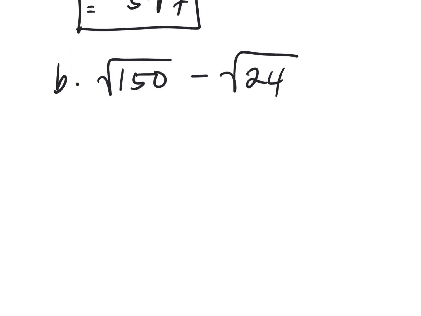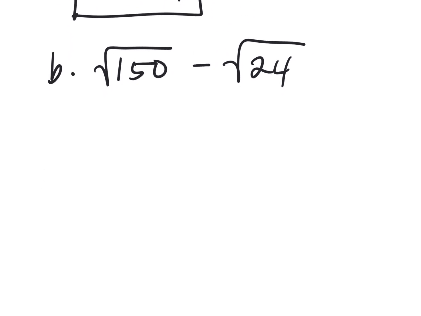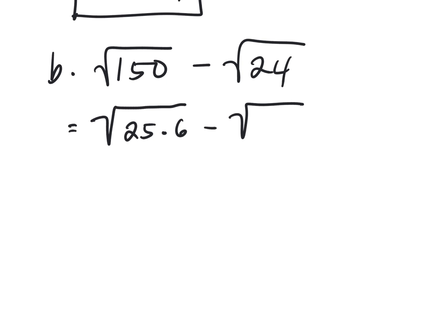Letter B. The root of 150 minus the root of 24. So let's rewrite 150 into two factors that has a perfect square. So 150 can be written as 25 times 6, and 24 can be written as 4 times 6.